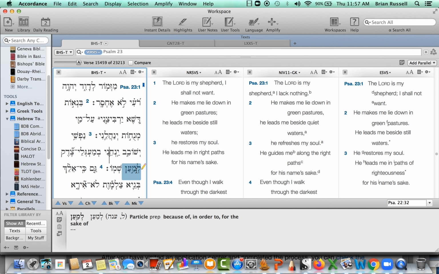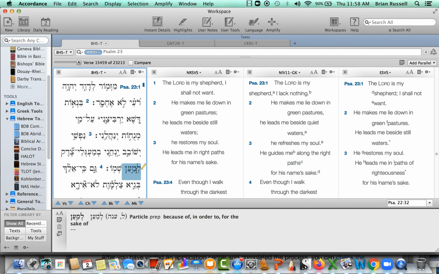So it's either he leads me in right paths for the purpose of his name or on account of his name. And what's interesting there is if you look at the English translations, would you say that's purpose or would you say it's causal? By using "for," it's a little ambiguous. So it could be either one, and I think we need to decide that.